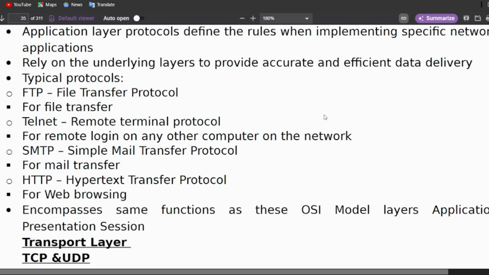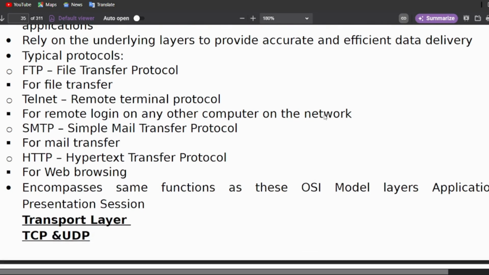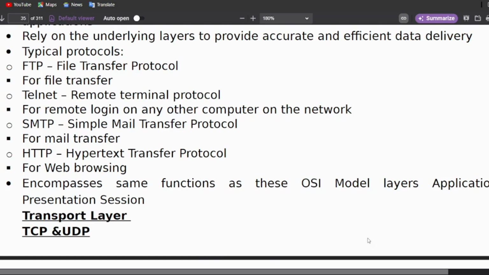HTTP is for web browsers, like when we open Google or Firefox, we use HTTP, which is the hypertext transfer protocol. These functions are the same as the OSI model's application, presentation and session layers, which use certain protocols to deliver the data in an accurate and efficient way.